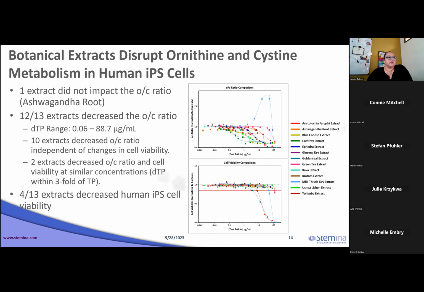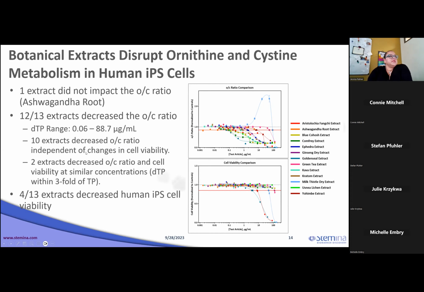But there is a very broad range of effect levels. So we have compounds that were changing it at 0.06 micrograms per mL, whereas something like milk thistle changed the ratio, but it didn't cross that predictive threshold until you got up to about 89 micrograms per mL.